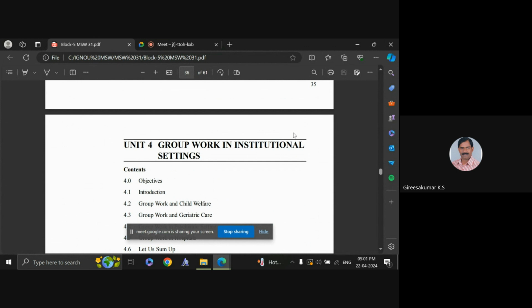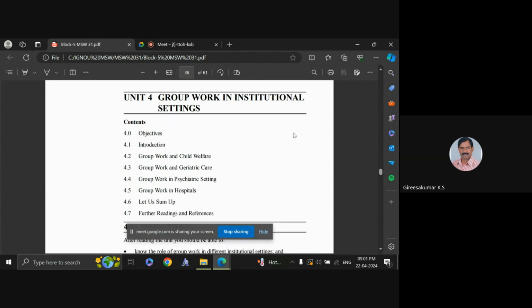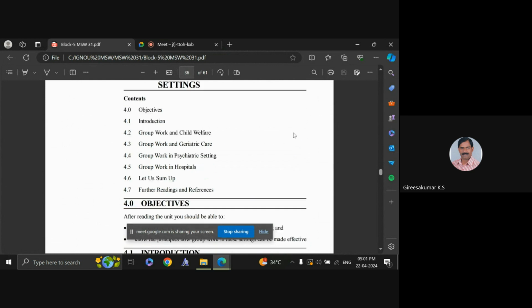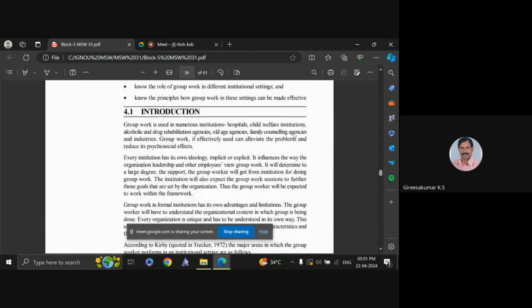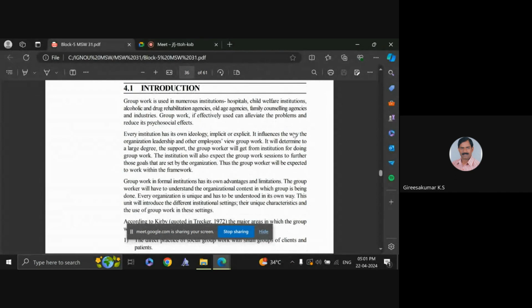Those examples are child welfare, geriatric care, psychiatric settings, work in hospitals, etc. In all these areas, hospitals, child welfare institutions, and so on, group work is used.